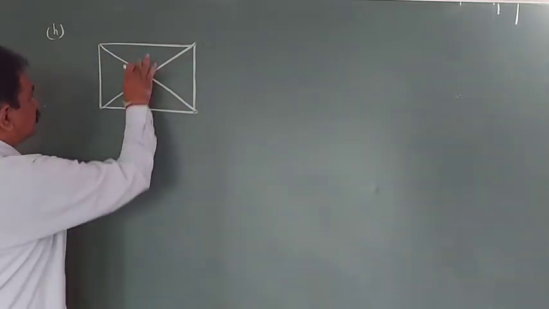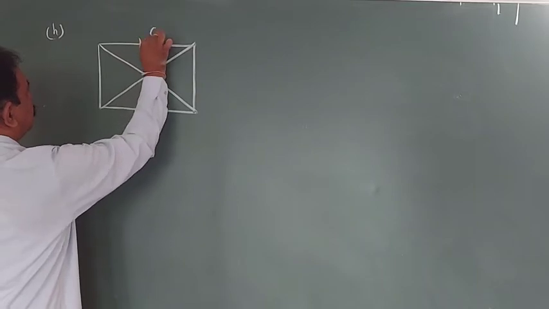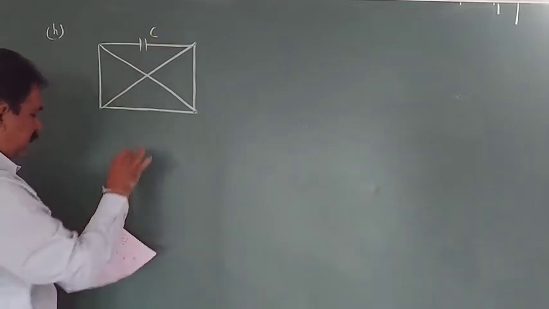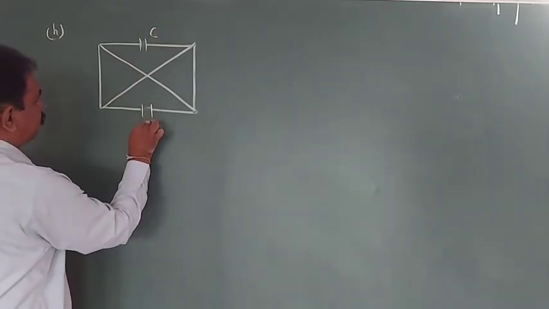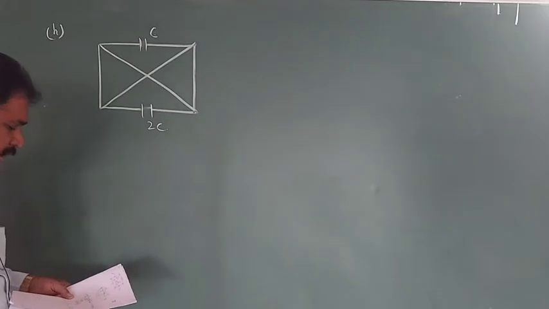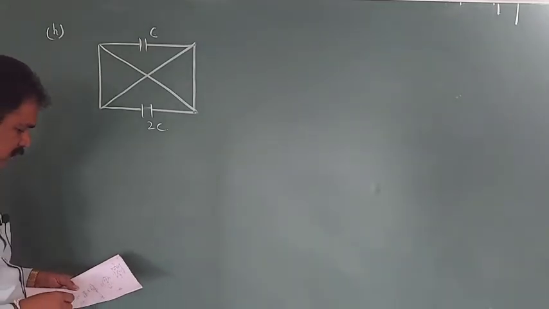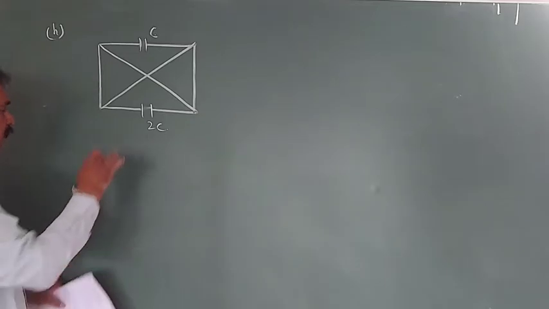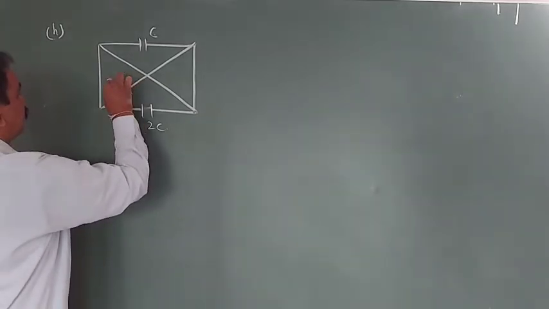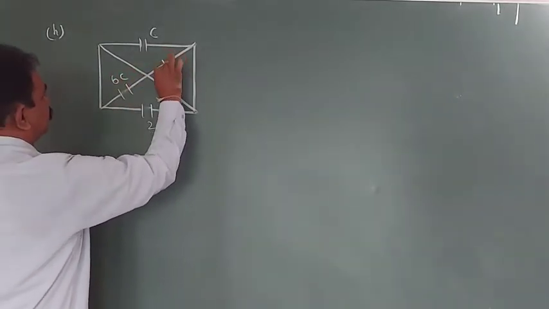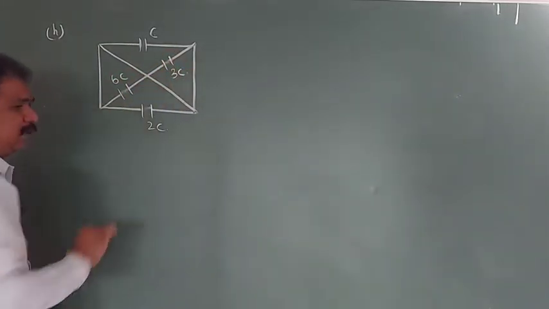Here the capacitors are C. Here this will be 2C, here 6C, here it will be 3C.